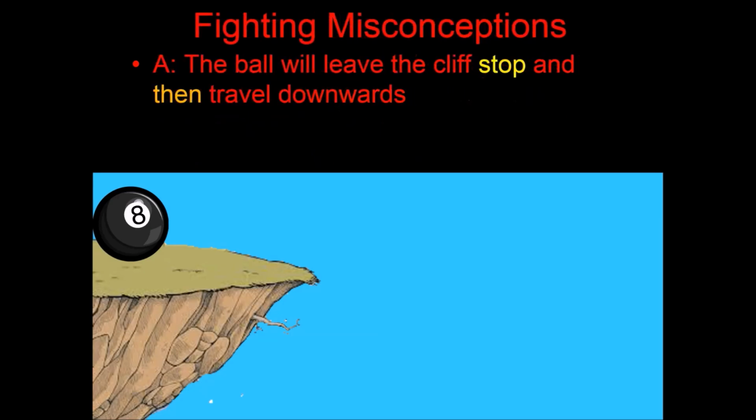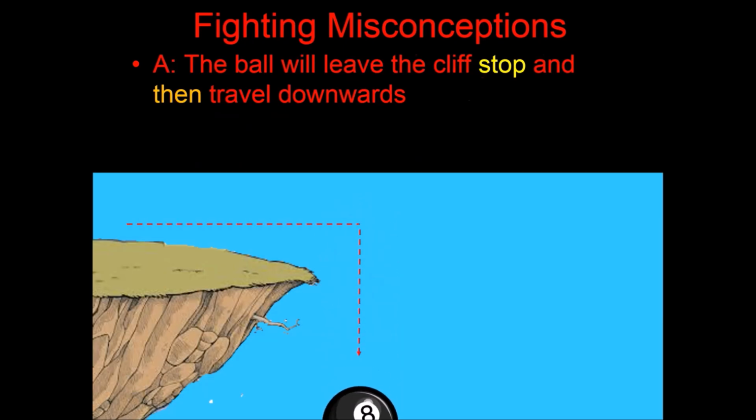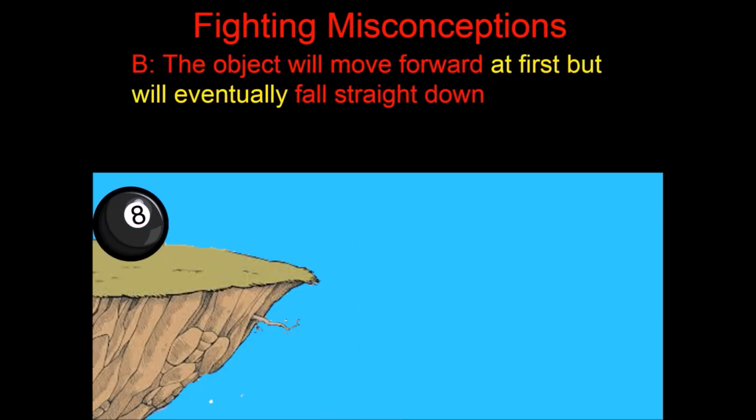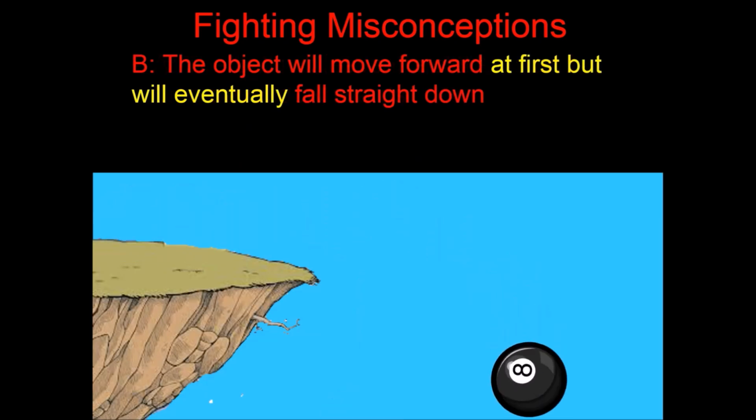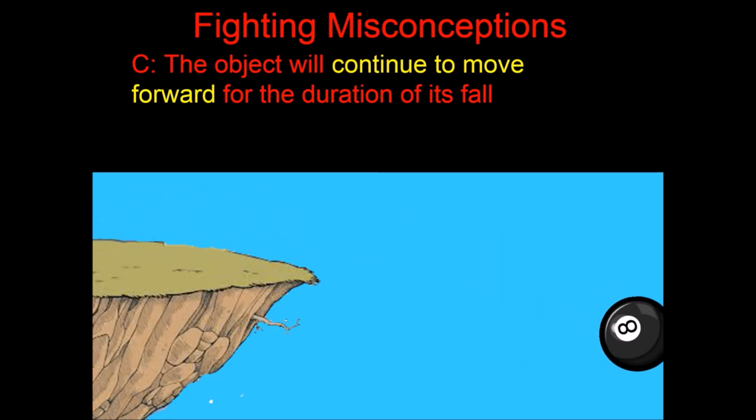Would the ball leave the cliff, stop, and then spontaneously travel downwards? Would it move forward at first, but eventually fall straight down? Or C, would the object then continue to move forward for the duration of its fall?